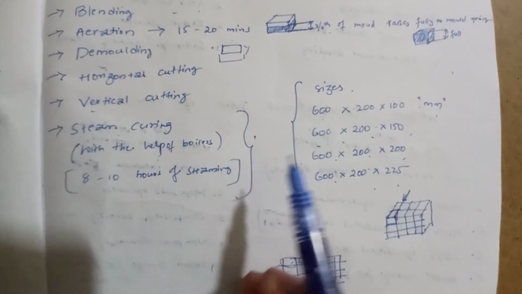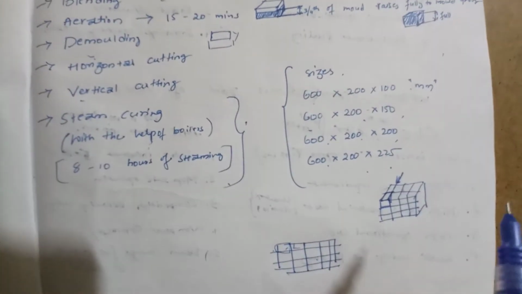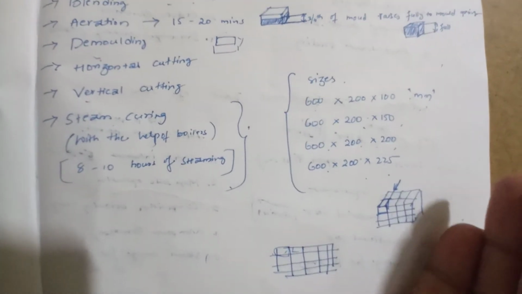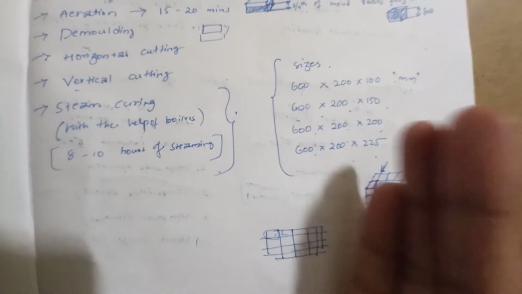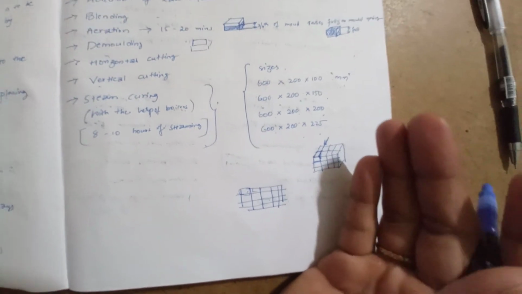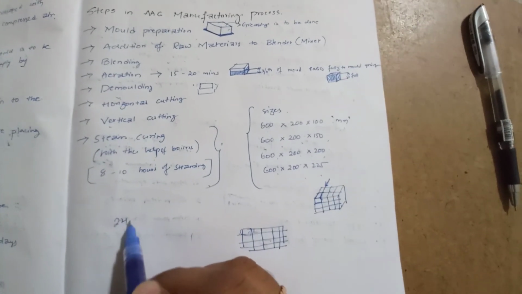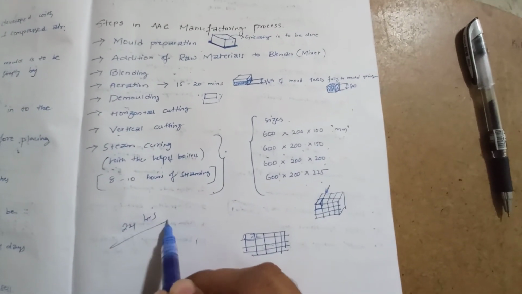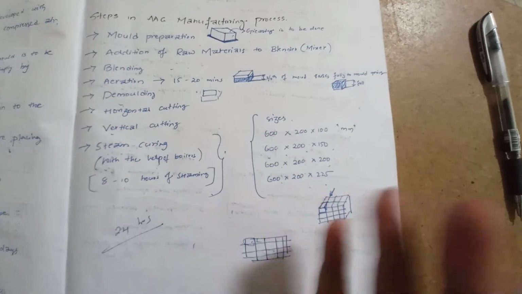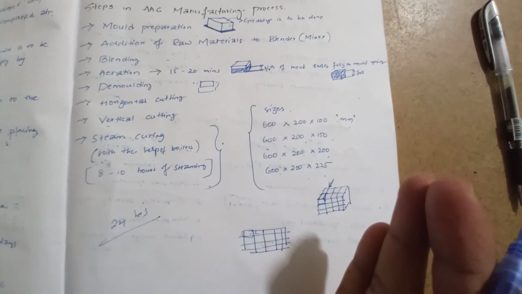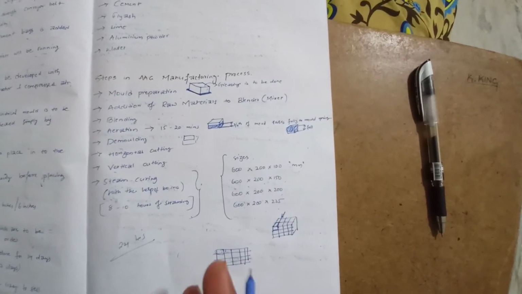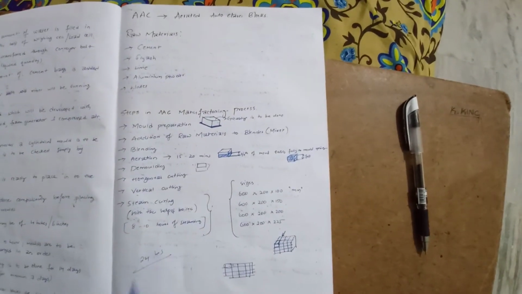It will take around 8 to 10 hours or 10 to 12 hours of steaming. After this steaming, the blocks will get ready. The main advantage of this AAC block is that the block will get ready within a span of 24 hours. After 24 hours, we are ready to use this block in construction. So this is the process involved in AAC blocks.